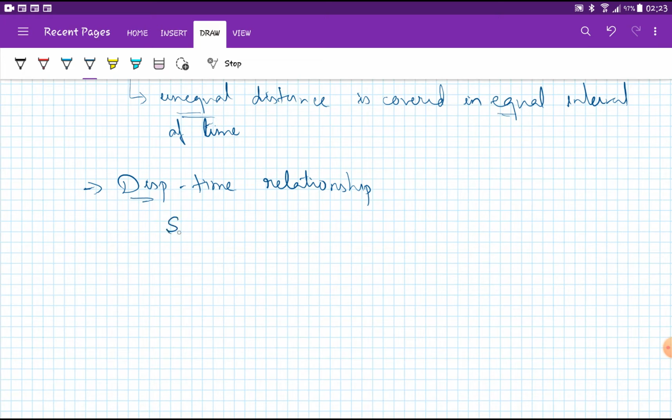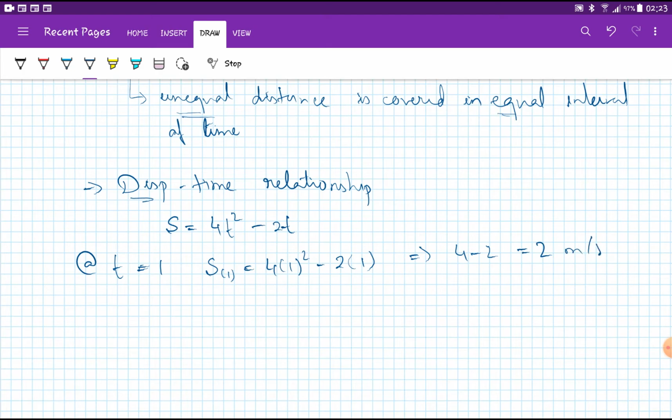So the equation is given as s = 4t² − 2t. At t = 1, s(1) = 4 × 1² − 2 × 1, which gives you 4 − 2 = 2.